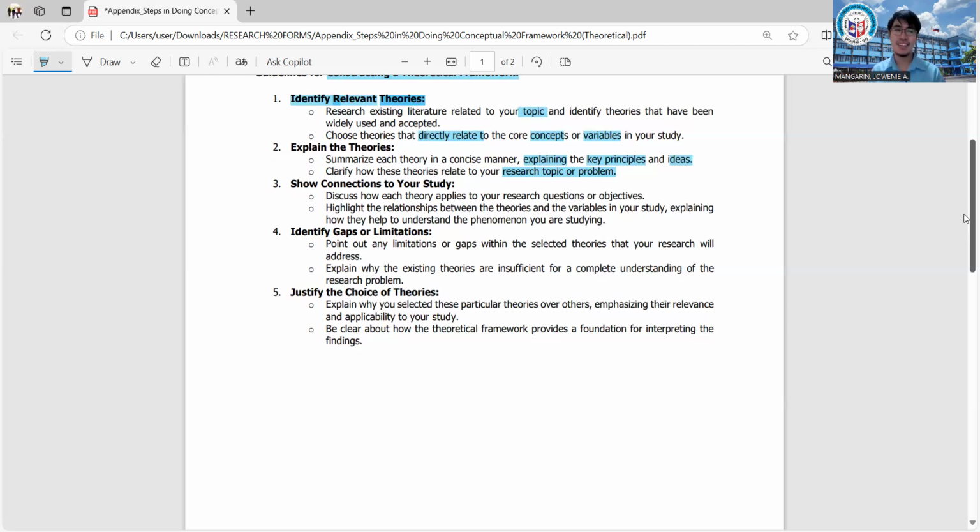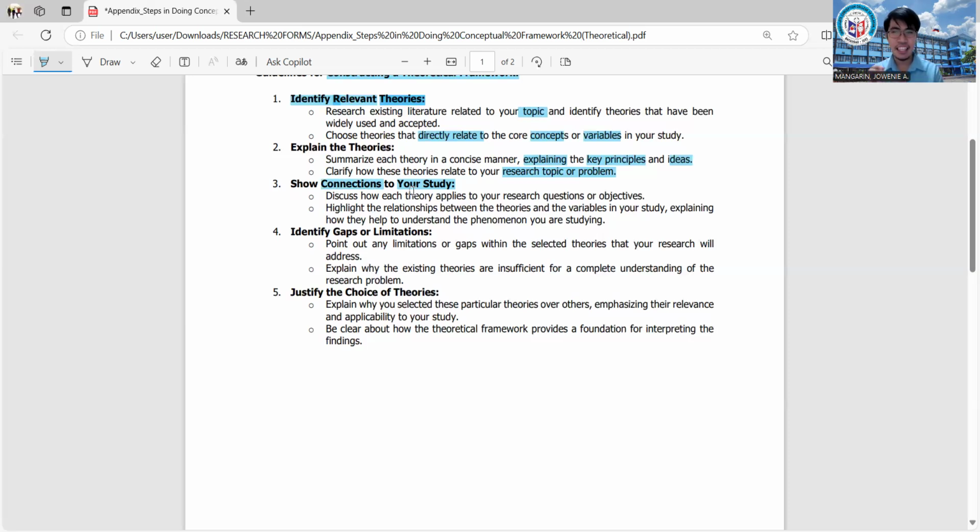Then halimbawa, explain na natin yung theory, na-introduce na natin kung sino yung author. The next thing that you have to do is to show the connection of that theory on your present study. No? Kailangan explicit nating maipapakita yung connection ng theory sa study natin.